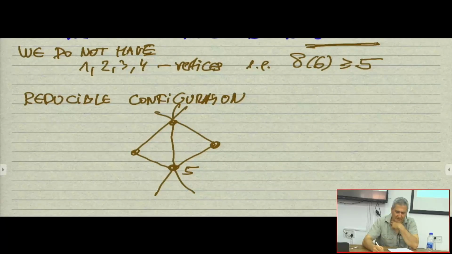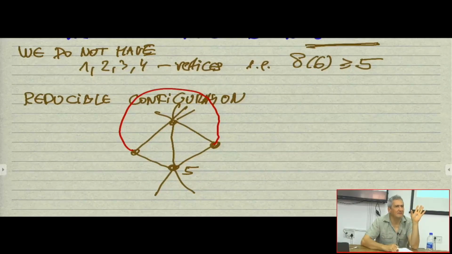Here's arbitrary. First, in my planar graph, in my G, is it clear that I don't have here the edge? I don't have this edge here in the plane? Why is it clear?